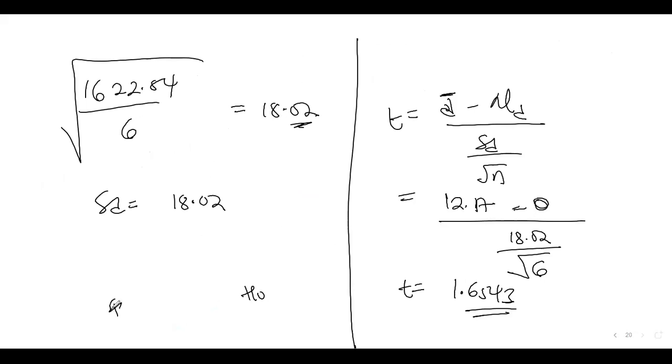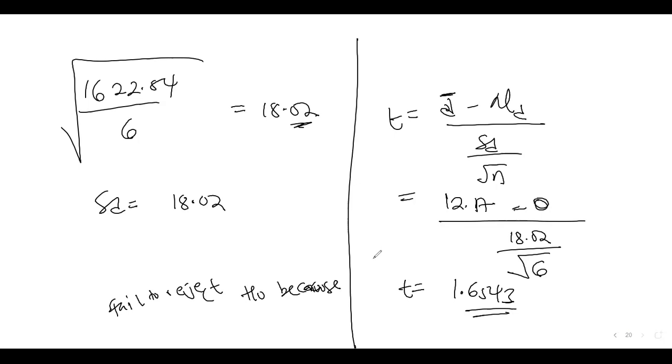So we fail to reject the null hypothesis because, so please, if you have followed it up until now, anytime the calculated T is less than the critical T, we fail to reject. But if it is larger, we reject. So that's how it will look like.